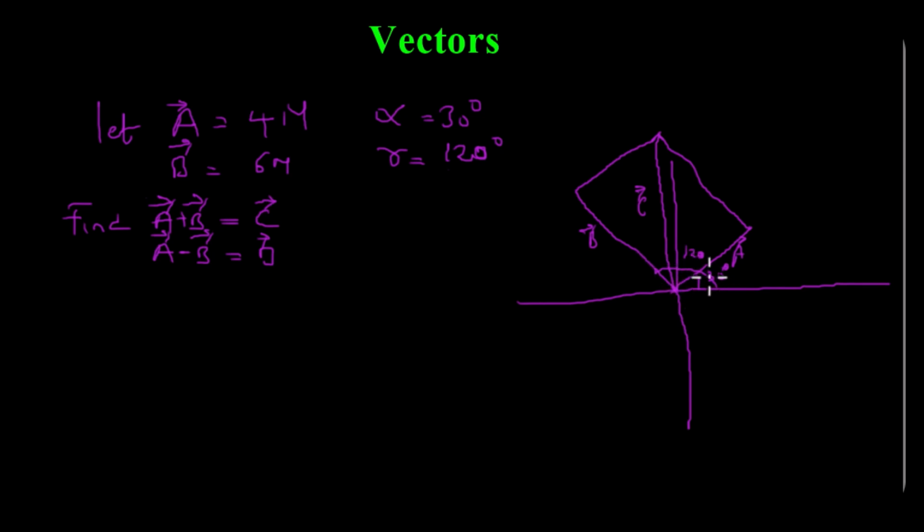We know that if this angle from this point here to where A is starting from is 30 degrees, and from this point to where B is starting from is 120 degrees, then the angle I have inside of my parallelogram will simply be 120 minus 30. So this big angle inside of my parallelogram, if I were to draw the parallelogram outside like this, pardon my sketch, will simply be 90 degrees.